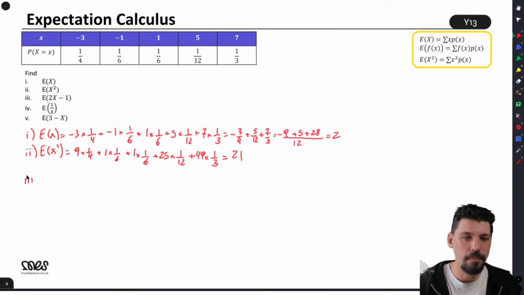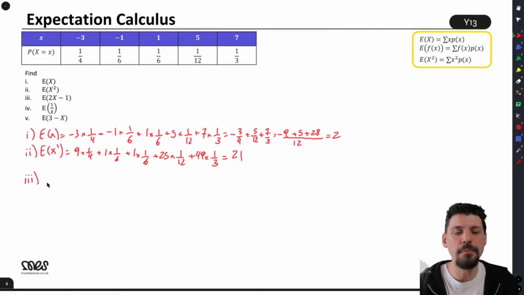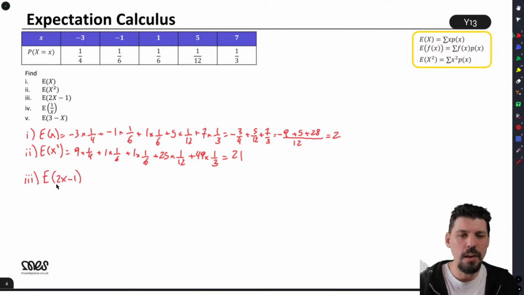Now, 3 and 5 are slightly different. The idea is that this is linear. All right? This is linear. 2x minus 1. So what that means is, in fact, I can split up what I've got.